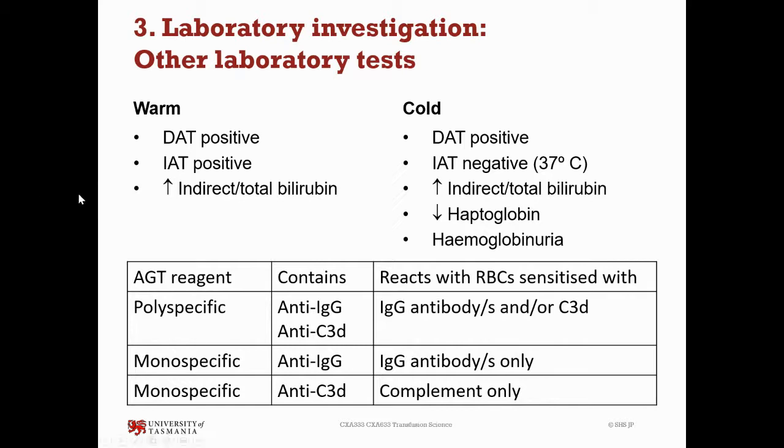Of course, anytime we have a positive DAT with our polyspecific reagent, then we need to use our monospecific reagents to see if it's anti-IgG or anti-C3d. It tends to be more likely anti-IgG with our warm and with our drug-induced, whereas it was anti-C3d with our cold agglutinin disease.